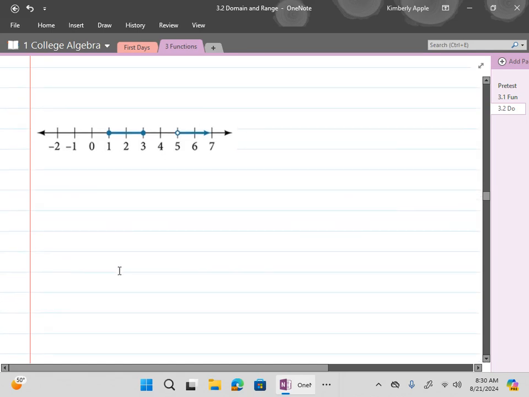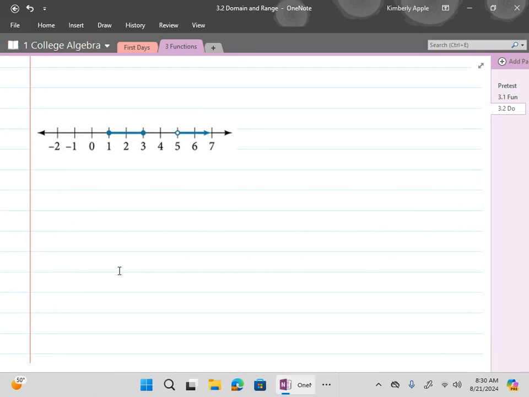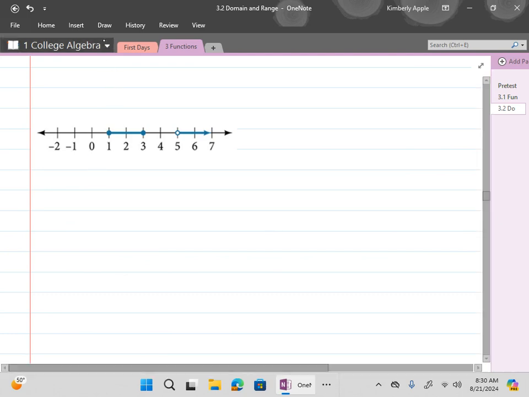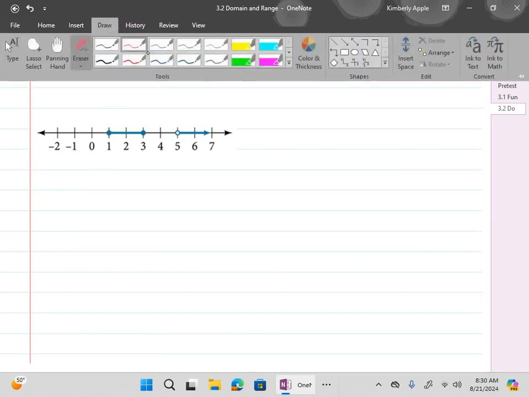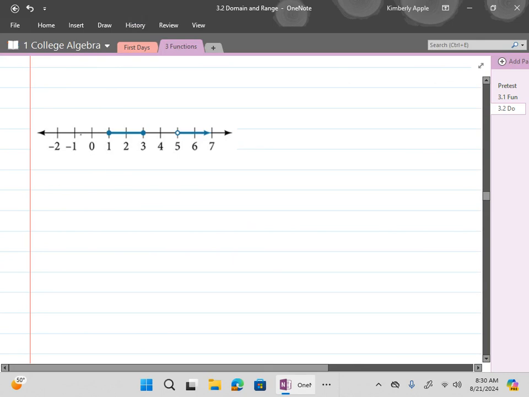Let's do an example. So let's write this one in all three notations. If you want to sketch this down in your notes, that's fine. Let's write this interval first in inequality notation, because this is something I'll ask you to do. Example.